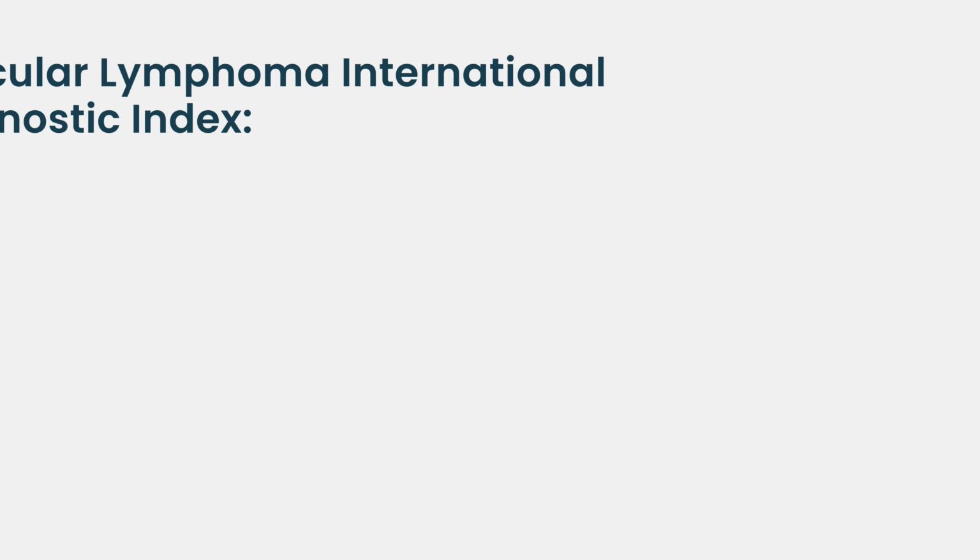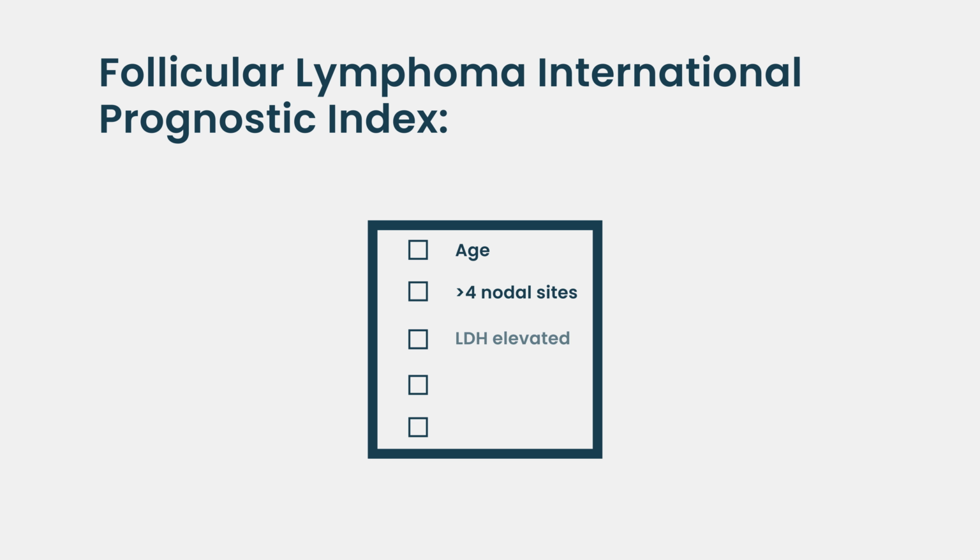There are some calculators you can use for things like the FLIPI score, which is the Follicular Lymphoma International Prognostic Index. Many of these things are very sophisticated and actually evolving even as we speak. But those are things patients may also encounter in their journey with follicular lymphoma.